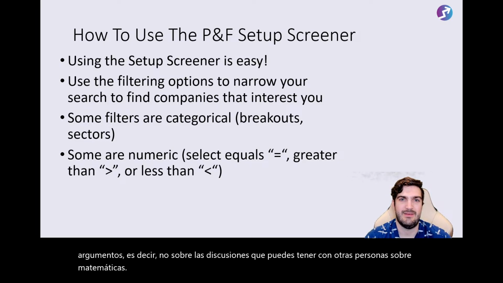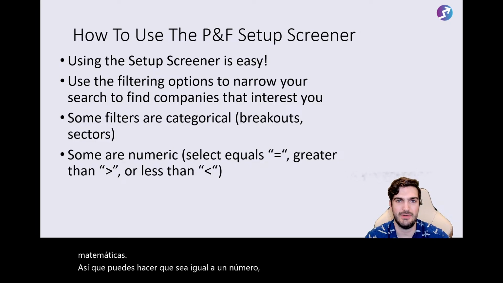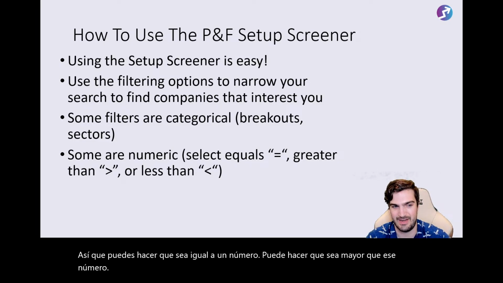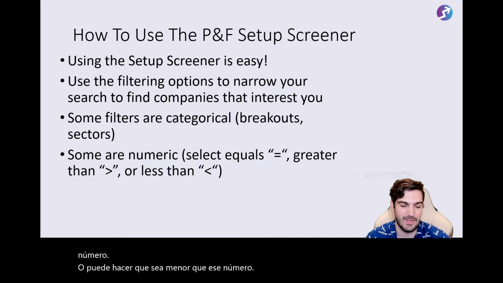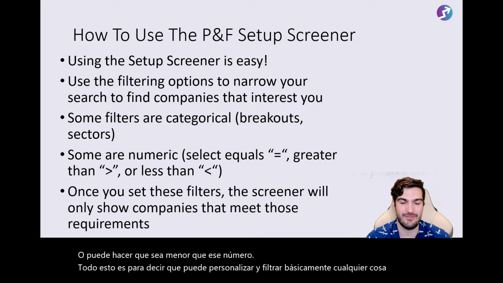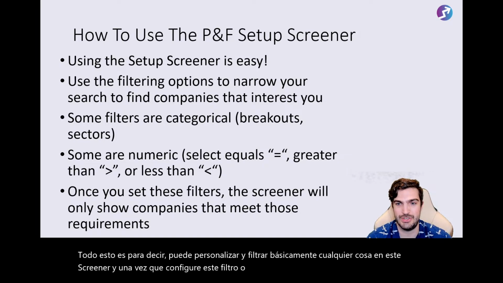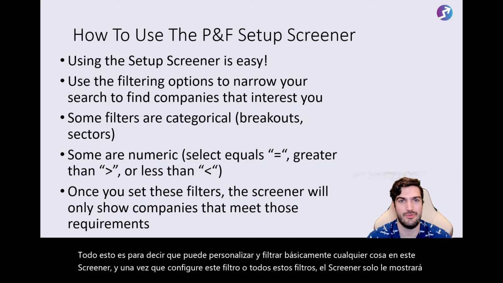So you can have it equal a number, you can have it be greater than that number, or you can have it be less than that number. All of this is to say you can customize and filter basically anything on this screener. And once you set this filter, for all of these filters, the screener will only show you companies that meet those requirements.